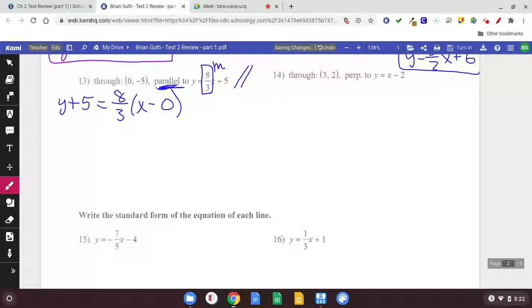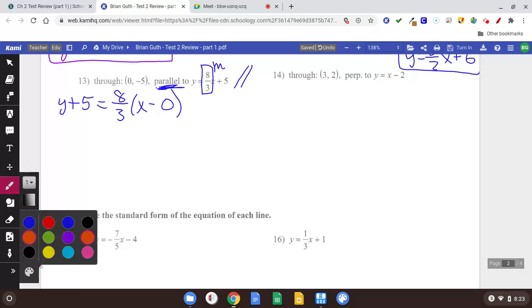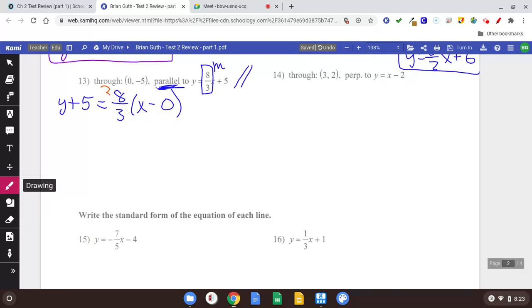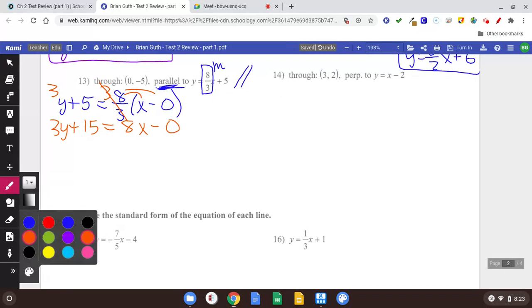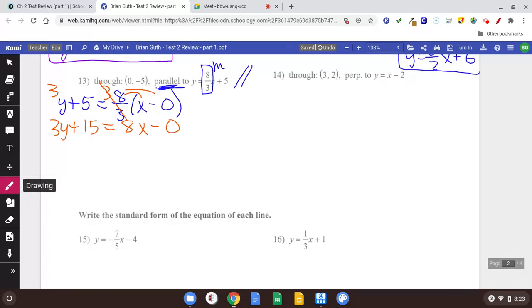Now again, those of you that are good with fractions can just distribute the 8/3. That 0 makes it pretty easy anyway. But I'm going to pretend like none of us are good with fractions. And let's multiply by 3 just to cancel out that fraction. Okay. I see 3y plus 15 equals, and we distribute the 8 and get 8x minus 0, or plus 0, either way you want to look at it. We need to isolate the y.